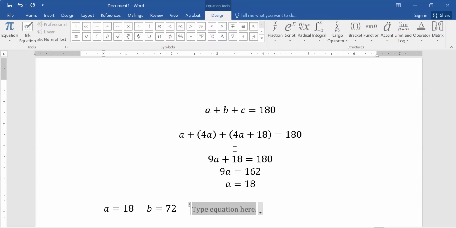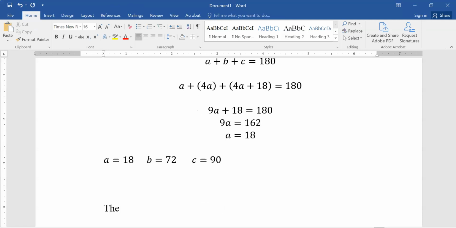And then C is 4 times A plus 18, and if you do the math on that, that becomes 90.